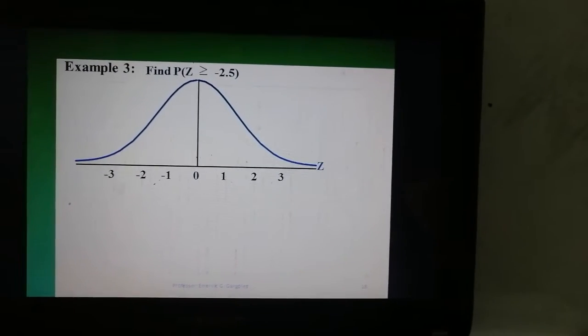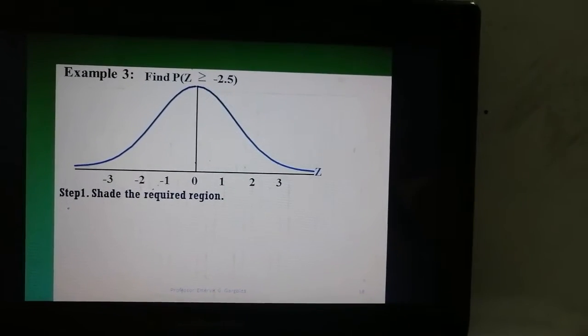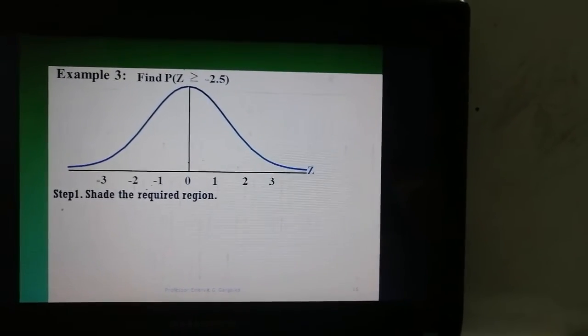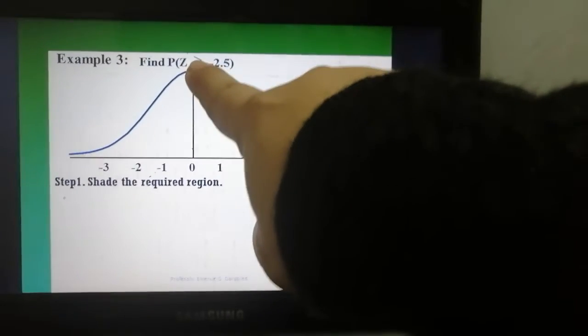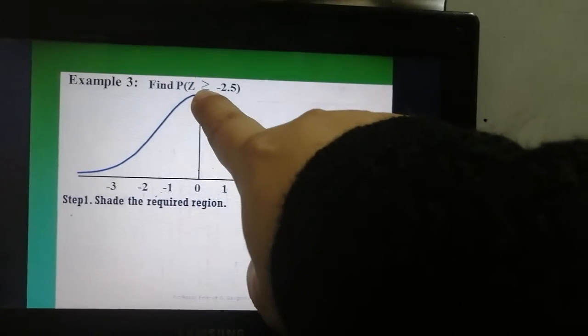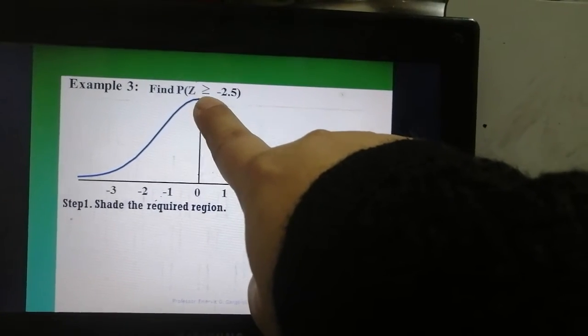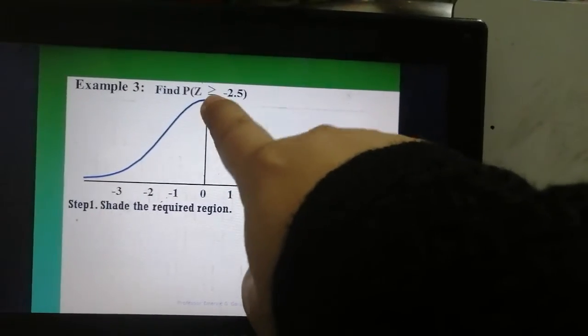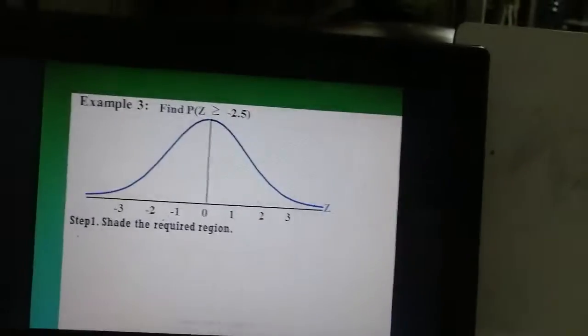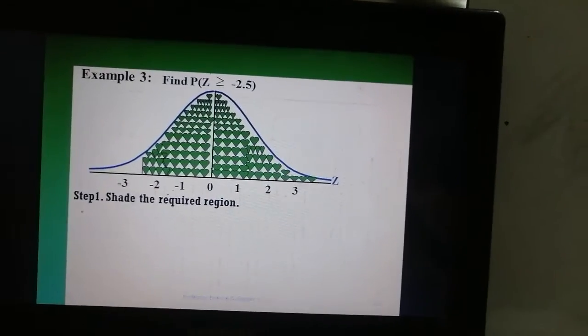Lower, because it's negative. And then what do we need to shade? Everything to the right or everything to the left? Right, because it tells you to shade the values that are greater than negative 2.5. So the technique is it's pointing to the right, so you need to shade everything to the right.